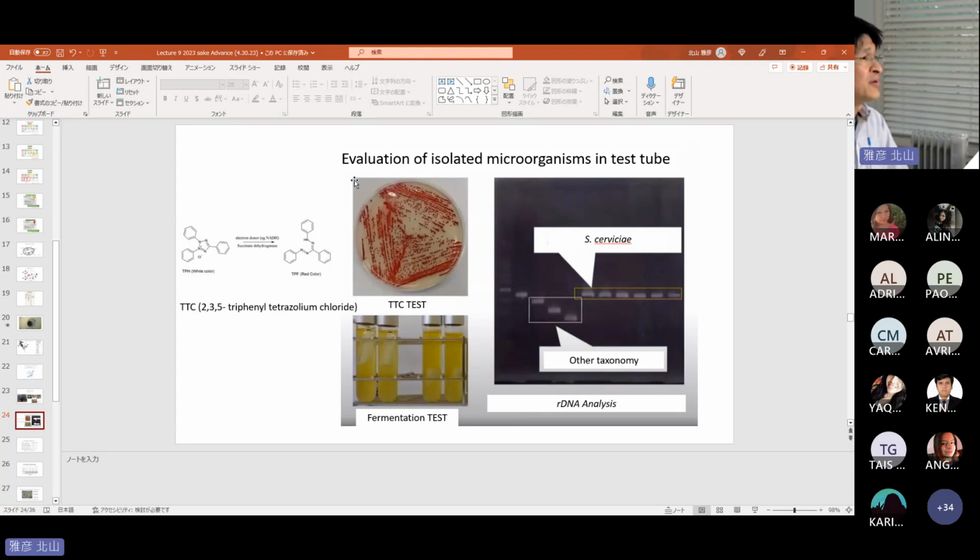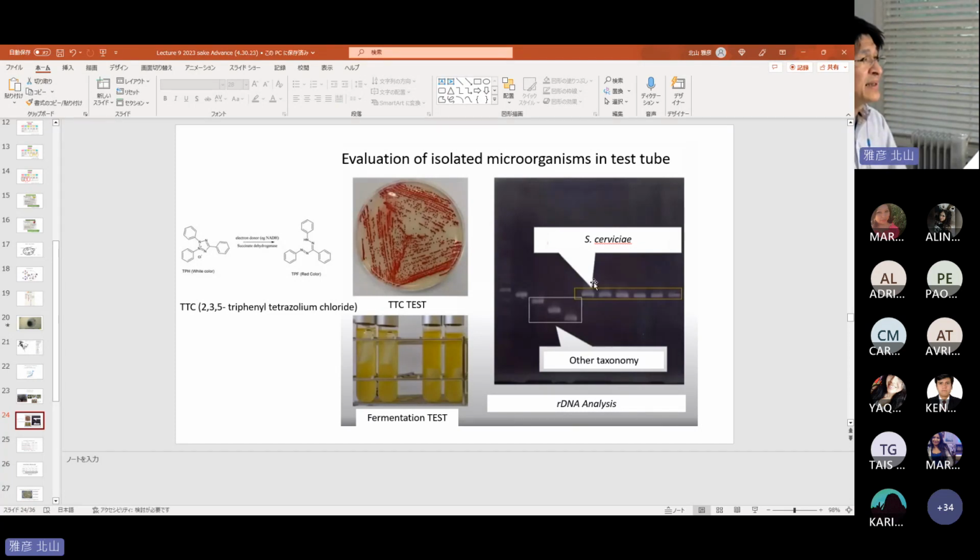They concentrated on the colonies which show a very strong red color. And next, they tested the fermentation activity, and they selected yeast strains with high fermentation activity.